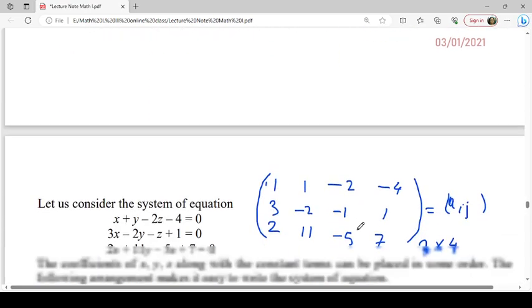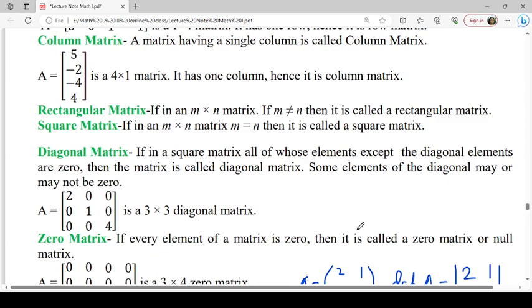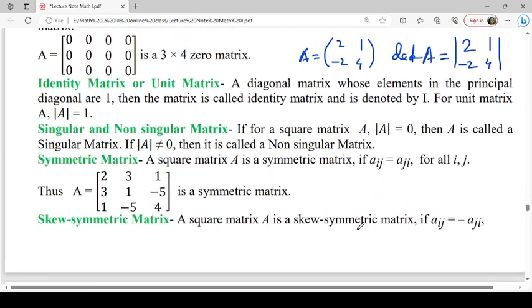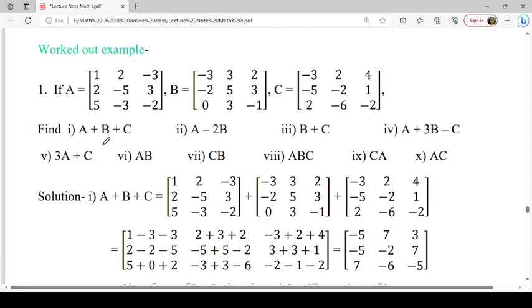Then we have done matrices, and matrix addition and multiplication, these are the examples. A plus B plus C: corresponding elements, 1 plus minus 3 plus minus 3.